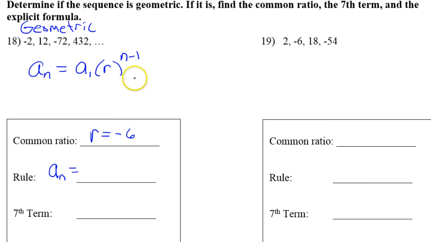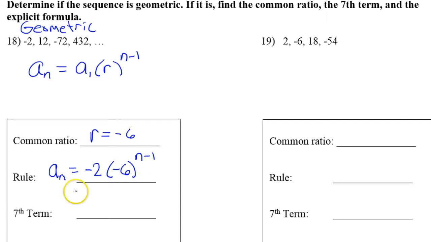So this is the general formula for finding the rule. Now, for this particular problem, -2 is the first term, so I'll put a -2 right here. The common ratio is -6, so I'll put my -6 right here. And then we just put n-1 up here.